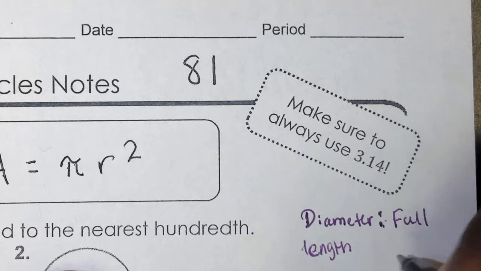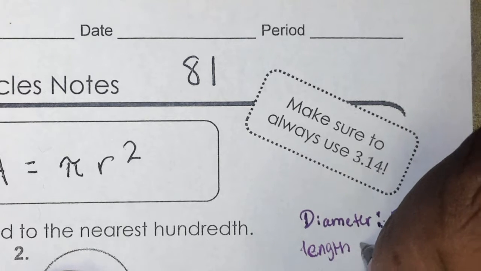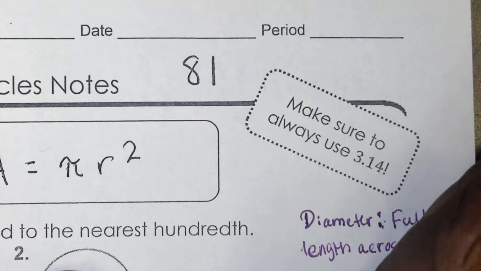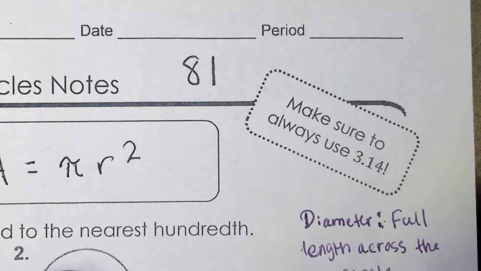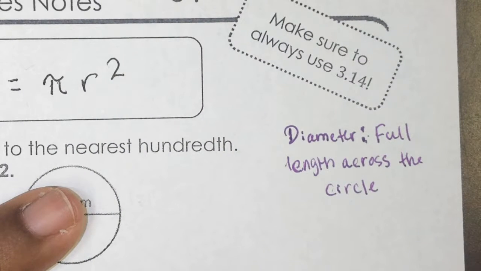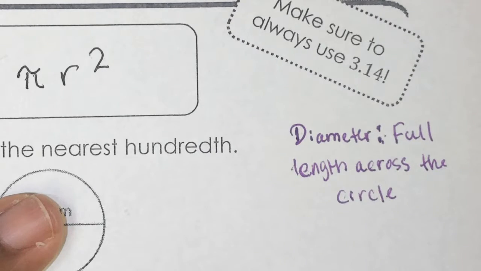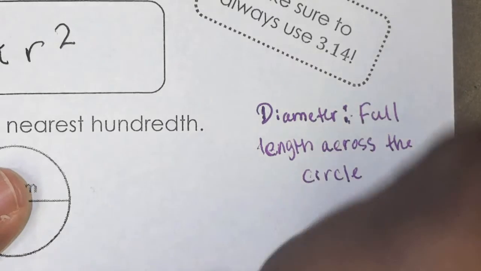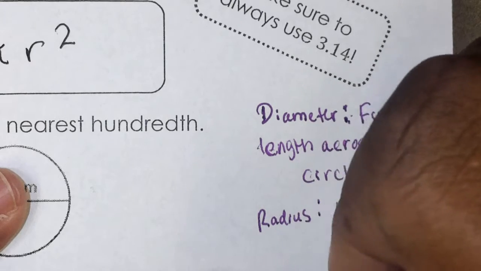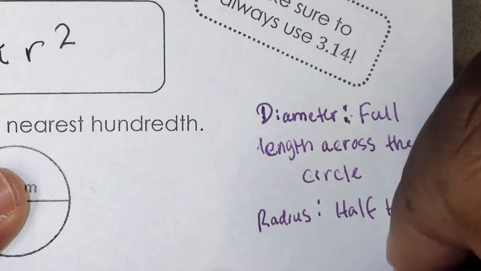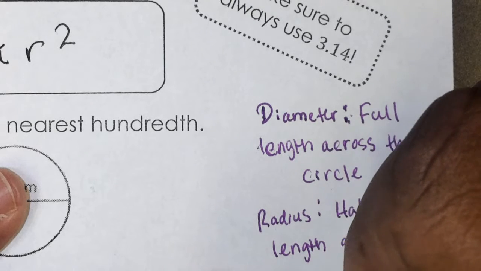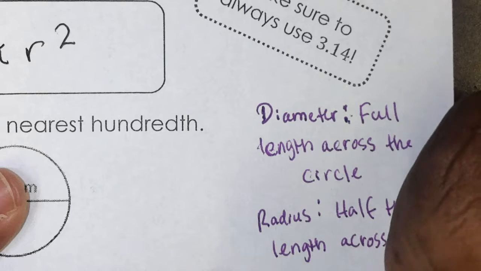The measure of the distance across a circle is the full distance. Full length across the circle. In that same note, I'm writing it small. I just wanted y'all to have it as a note so y'all can remember. Radius, half the length across the circle.